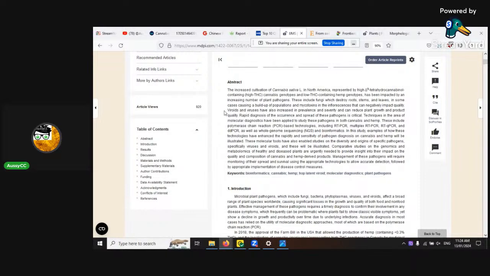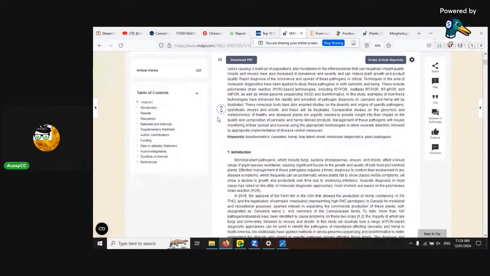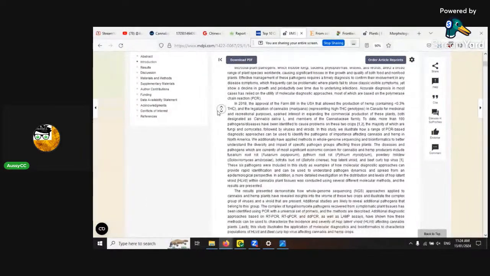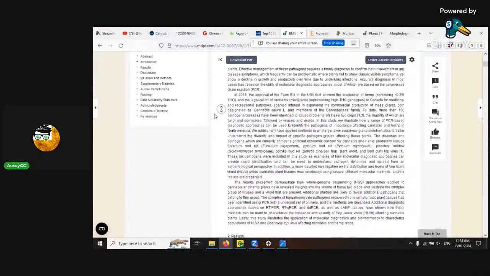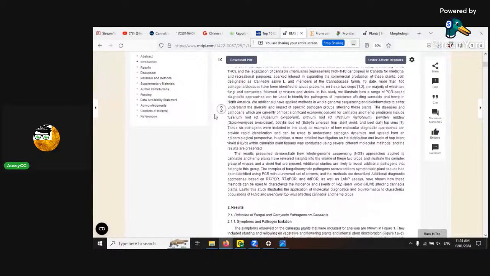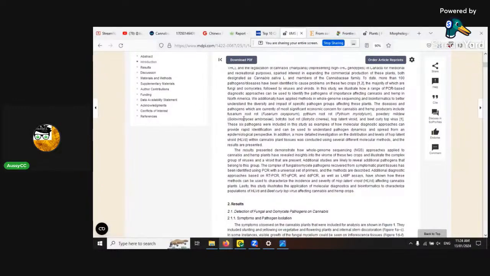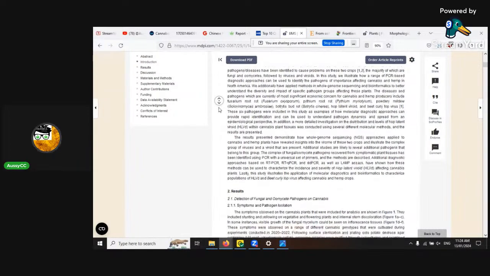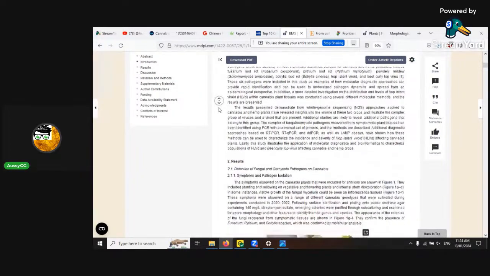It goes through the different tools and the 100 different viruses and pathogens related to cannabis that they've found so far. The main ones here are Fusarium, Pythium, powdery mildew, botrytis, HLVd, hop latent viroid, and the curly virus. They're the 6 main ones in cannabis so far, out of hundreds that have been diagnosed.